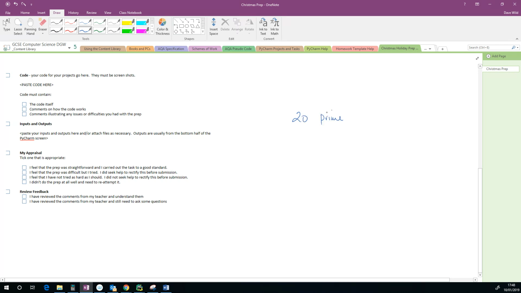Well, you might know straight away that 20 isn't prime because remember, a prime number is one that cannot be divided into different factors other than itself and 1. So I know that I can divide 20 into 4 and 5 because 4 times 5 is 20. So it's definitely not prime.